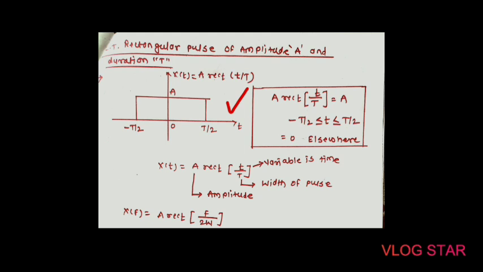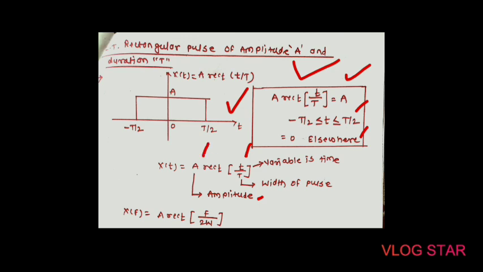This pulse also is centered about t equal to 0, and can be mathematically represented as A rect of t by capital T, which is equal to A whenever t lies between minus T by 2 to plus T by 2, and 0 elsewhere. In this expression, t shows that it is a function of time, capital T represents the width of the rectangular pulse and capital A is the amplitude.